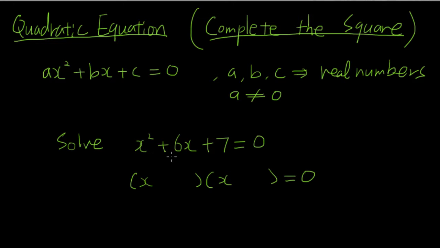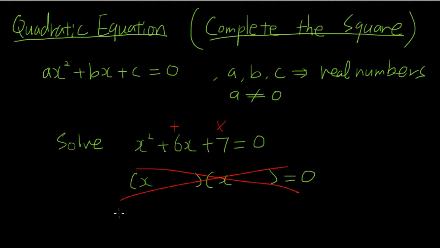We just have 1, and we have b and c. So I'm trying to figure out the two number combination that multiplies to be 7 and adds to be 6. And we realize that we do not have that type of combination. So this factoring technique is not going to work.